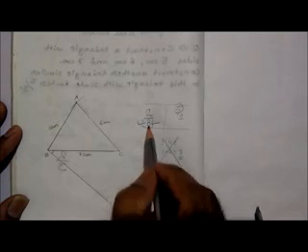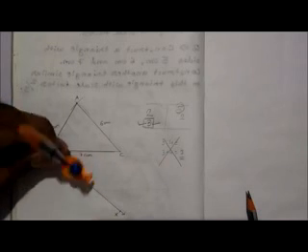So here 3 is greater, so only 3 arcs should be there. By taking some appropriate radius, give 3 arcs: 1, 2, 3.